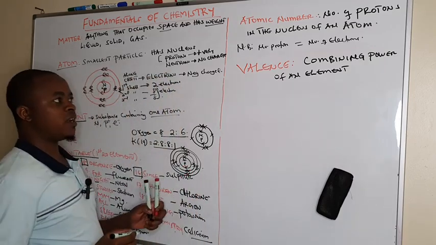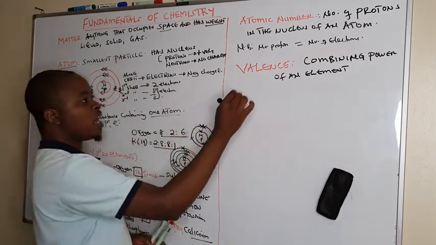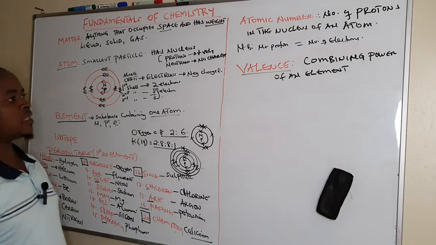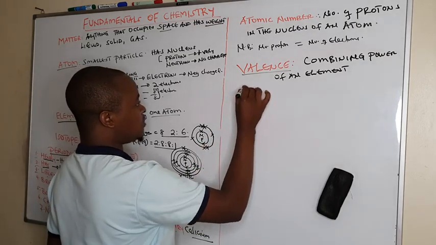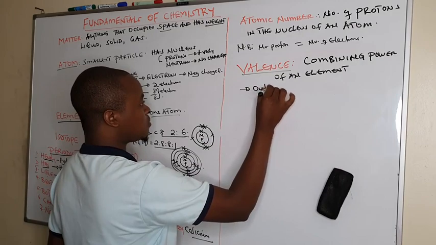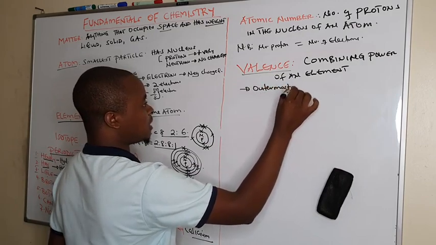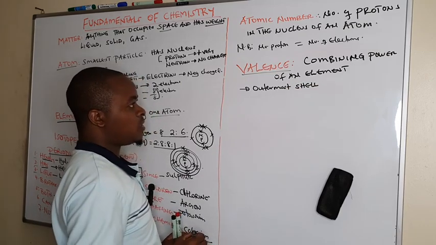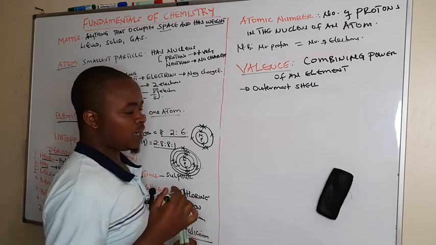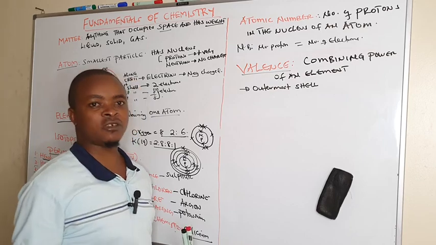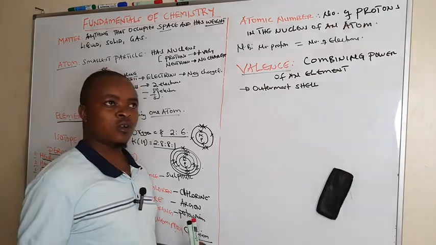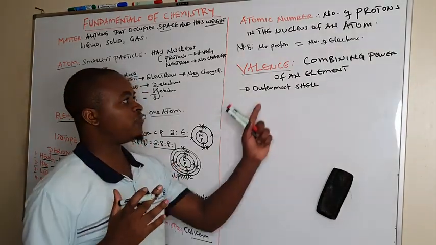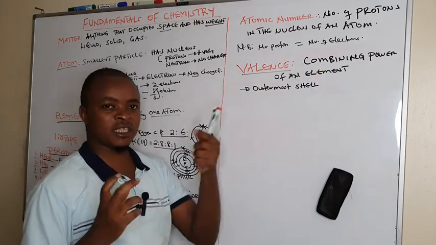So the combining power of an element is how many hydrogen bonds are formed by an element during reaction. And this valence is always determined by the outermost shell. It is determined by the outermost shell or orbit, which can be the number of electrons in the outermost energy level, because the valence, the combining power, is the one that gives the bond.